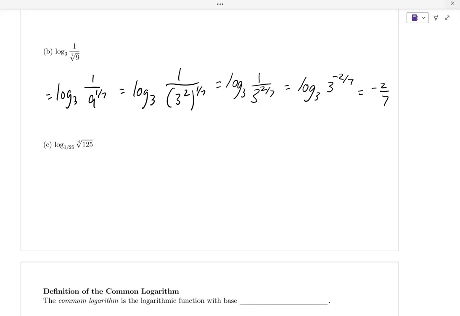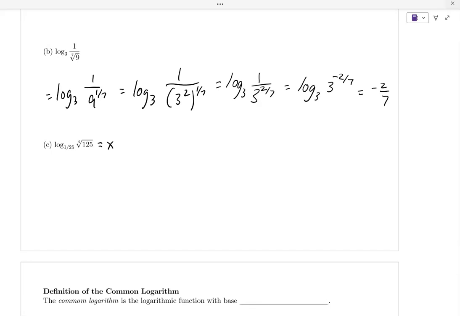So there's another way that we can go about doing these, and that's to rewrite this in the equivalent exponential form, and then try to see if we can work with the exponential form to help us see what's going on, okay? So remember, if this is equal to, say, x, I don't know what the x is to start with.